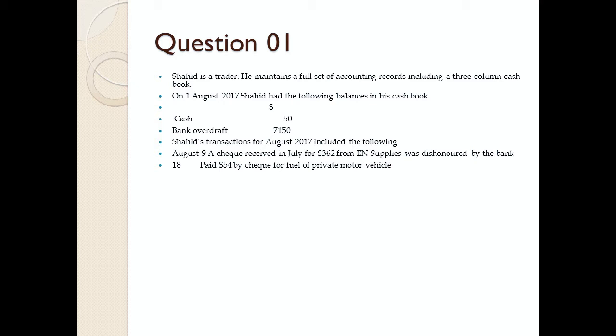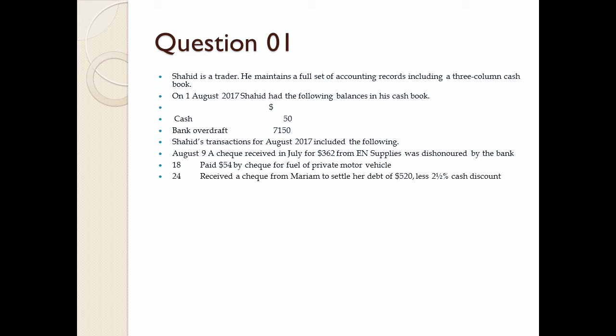Paid 54 by check for fuel, so your bank is decreasing, and the reason is that it is drawings, because the owner is basically taking that money out of the business. Then you receive a check from M, your customer, in settlement of her account, that is 520 less 2.5% discount.